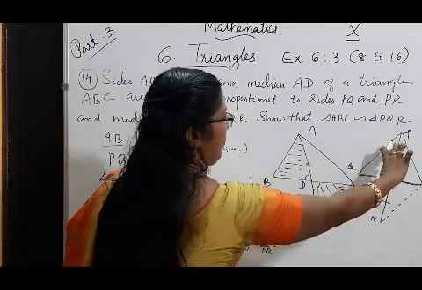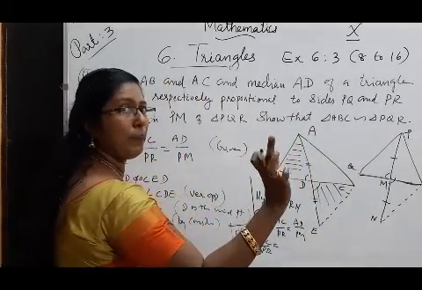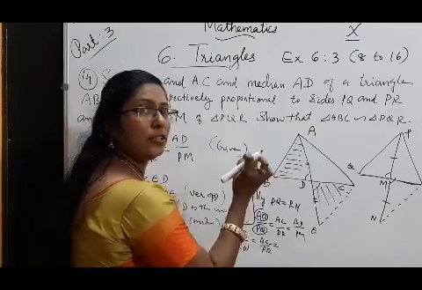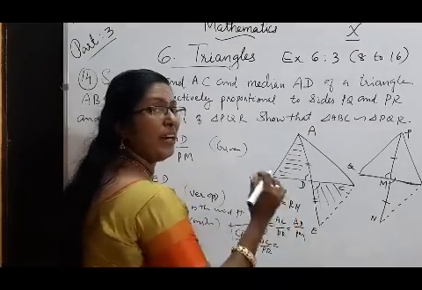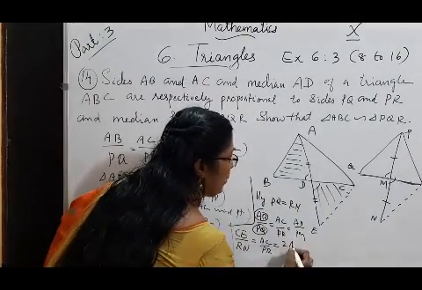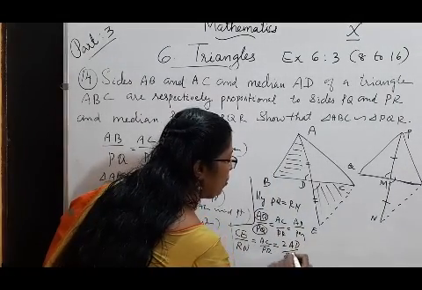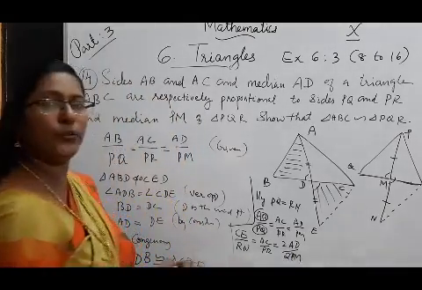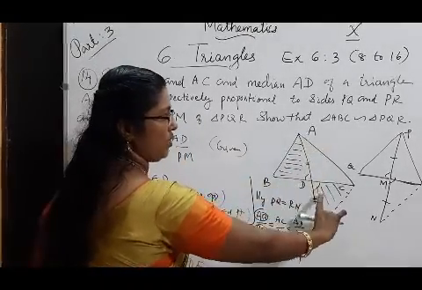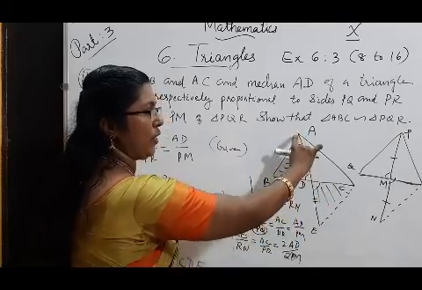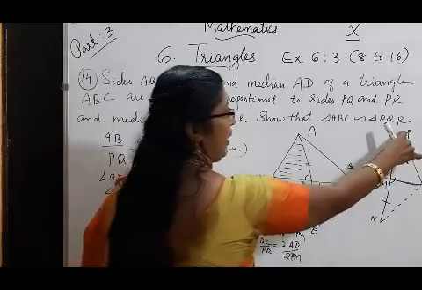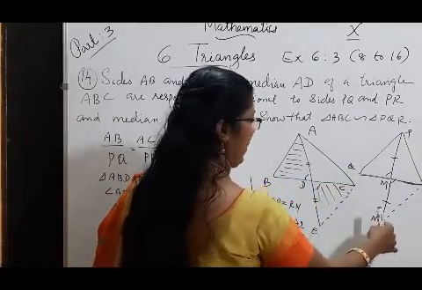Instead of AD by PM, I write 2AD by 2PM, multiplying both numerator and denominator by 2. What do you mean 2AD? This is the midpoint, so these are equal. So instead of 2AD, you can write AE, and in the same way, instead of 2PM, PN.